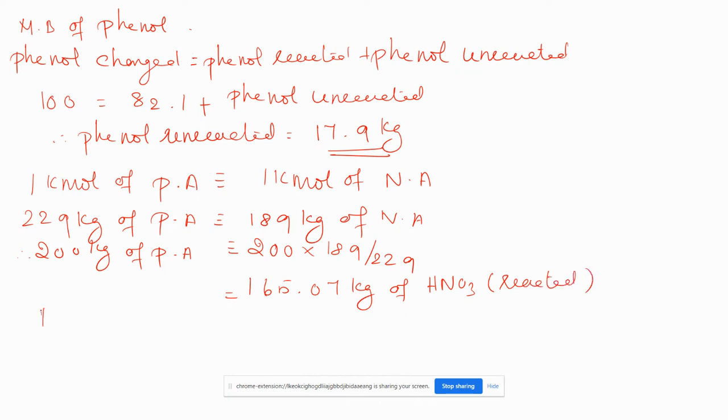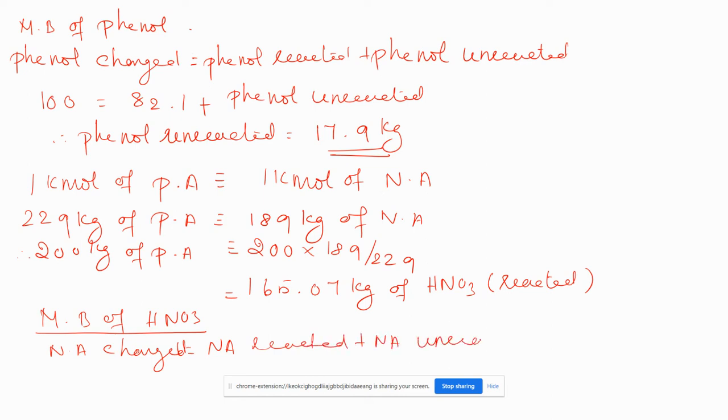Now we have to write the material balance of nitric acid so that we can find the amount of nitric acid unreacted. That is, nitric acid charged is equal to nitric acid reacted plus nitric acid unreacted. So nitric acid charged is given in the problem already.